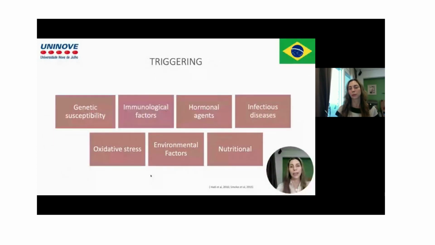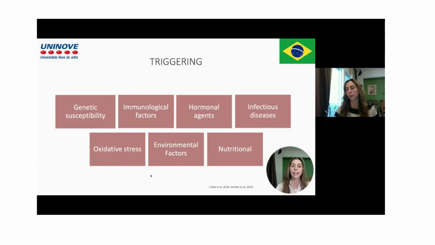These are some triggers of rheumatoid arthritis. Genetic susceptibility and immunological factors can contribute to the occurrence of the disease. Hormonal agents, for example, change in estrogen. Infectious diseases, because they can interfere with the immune response and activate rheumatoid arthritis for those who already have arthritis.